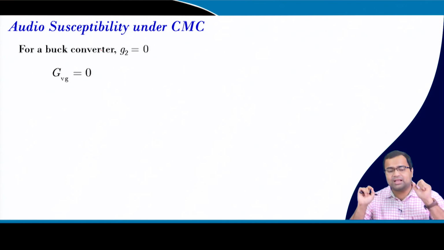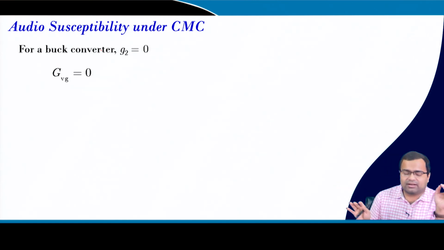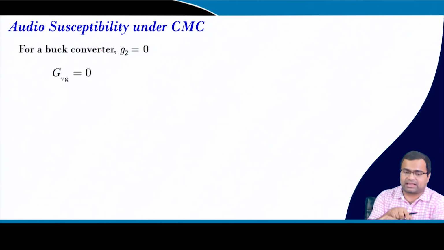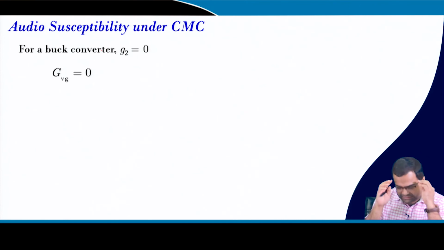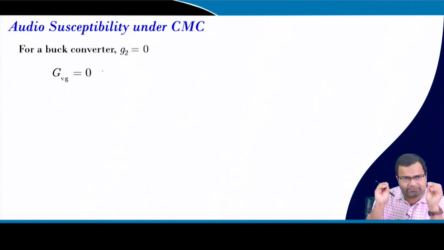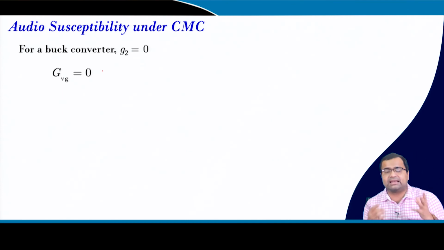That means it has no response in the output when there is a transient in the supply, and in fact, we saw in lecture number 17 with current mode control, when we apply a supply transient, the effect was almost negligible. It does not mean that it should be exactly zero, there will be a slight effect, but it is almost negligible. So, current mode control inherently achieves very excellent line regulation and audio susceptibility.